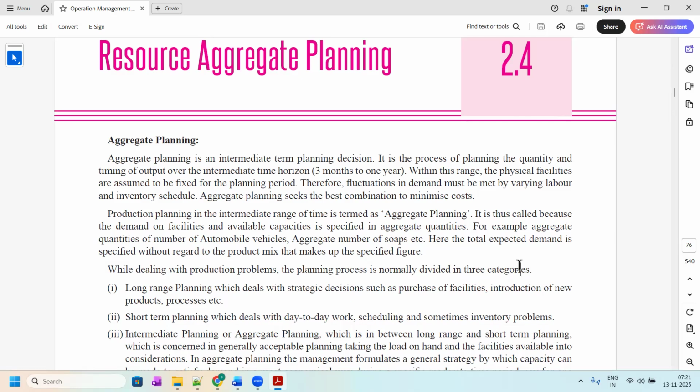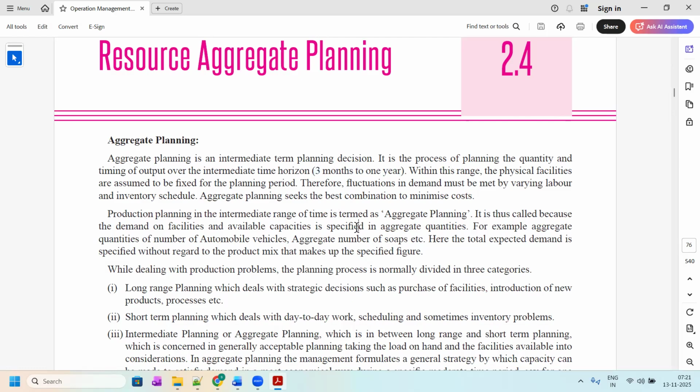Aggregate planning focuses on deciding how much to produce and when during that period. So it is a planning for 3 months to 1 year.